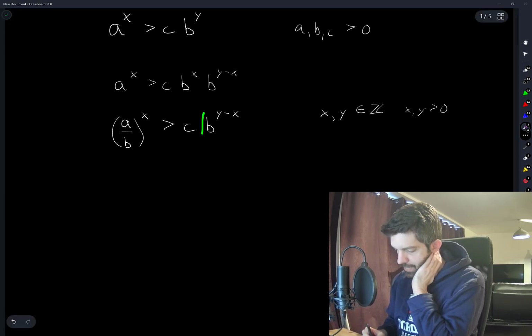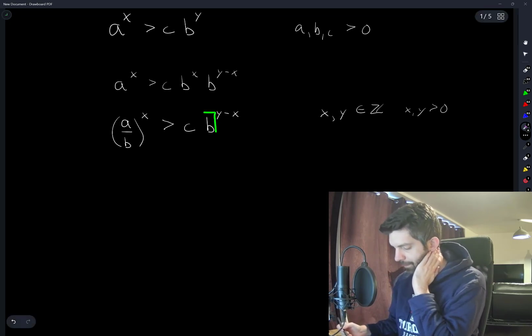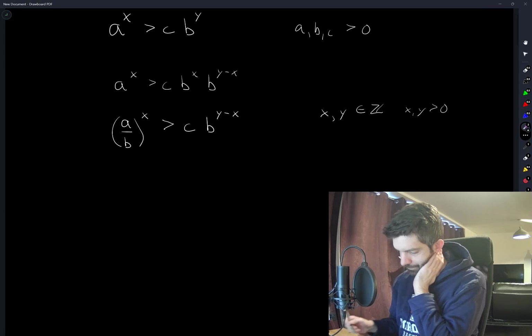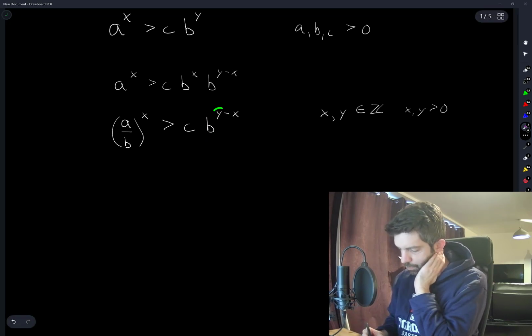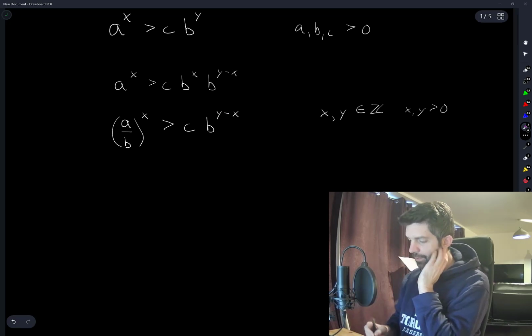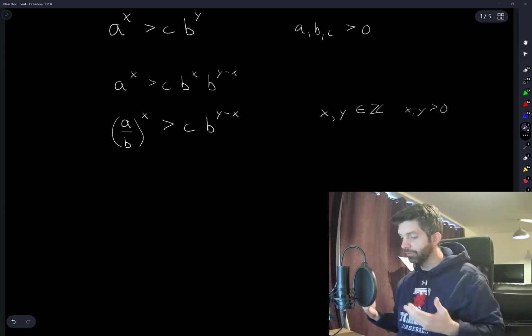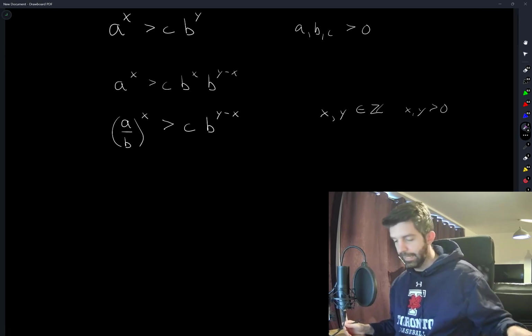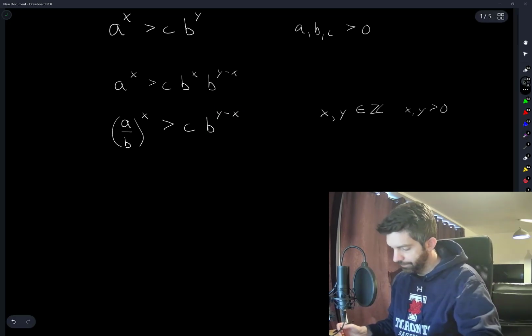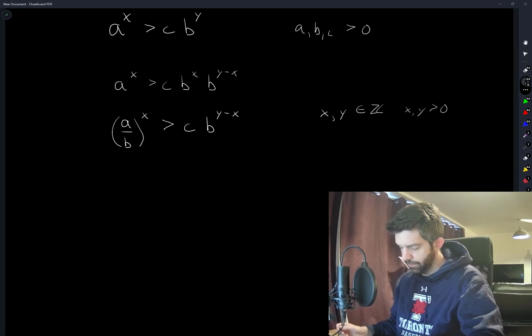Well, if B is less than 1, then I can just let Y get bigger and bigger and bigger, and this right-hand side will get smaller and smaller and smaller. And so that gives an infinite number of solutions.